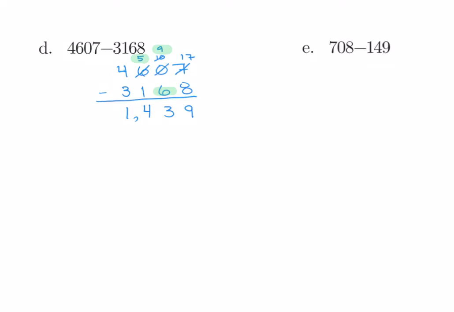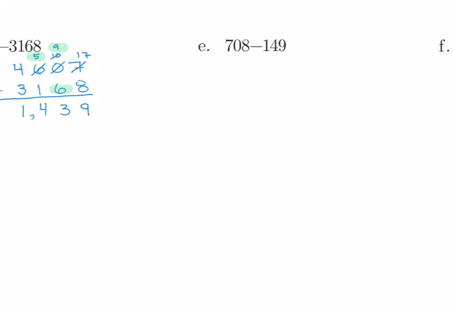All right, example E. We have 708 minus 149. So I'm going to put my 708 on top. I'm going to put my 149 on the bottom. And then we subtract.